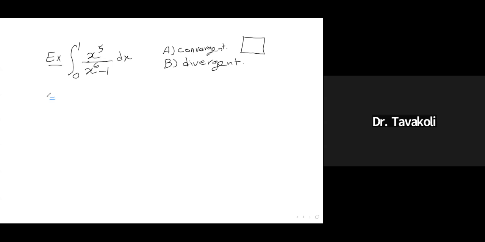Obviously, the issue is at 1, because at 1 the denominator becomes 0. If I replace x by 1, I will have 1 on the top and 1 minus 1, 0 at the bottom. So that's the problem. That's what makes this an improper integral. So in this situation, I need to replace 1 by a letter c.